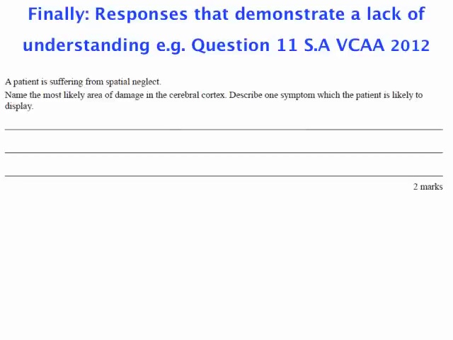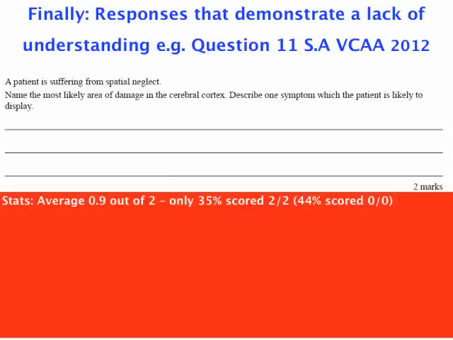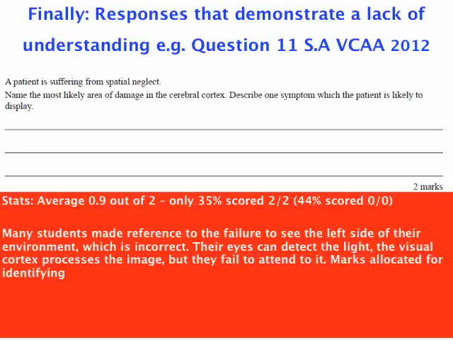Here's a question from last year showing a lack of understanding of the concepts. Patients got spatial neglect, which area of the cerebral cortex has been damaged. Well, most of the students got that. A lot of them got that anyway. Describe a symptom. Well, a lot of students said that patients fail to see the left side of their environment.